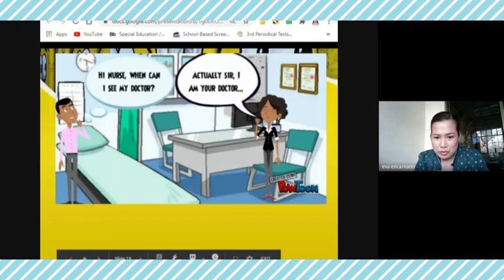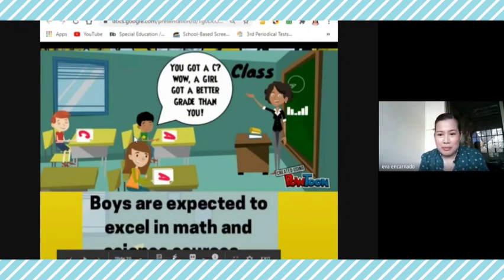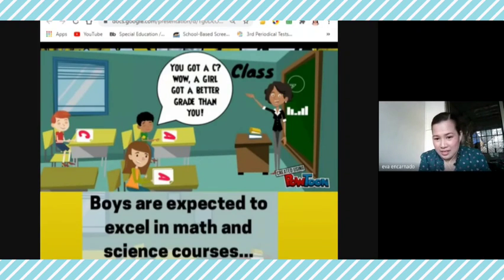O, next picture. Alright. Boys are expected to excel in math and science. Kapag girls daw, they are good in English and Filipino. Do you agree? Pag boys, you are expected to be good in math and science.